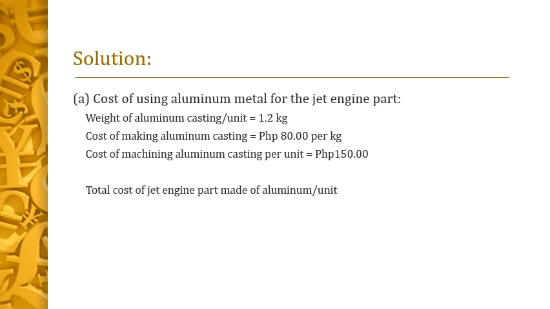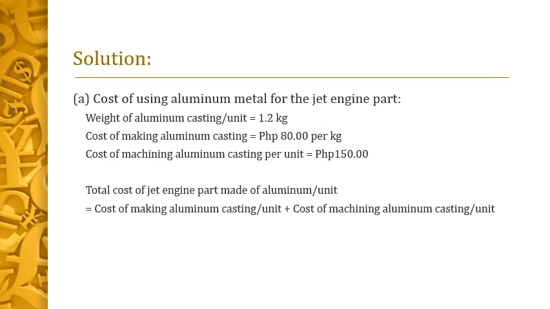Now let's compute the total cost of jet engine part made of aluminum per unit. Note that the solution should be consistent with per unit. This is then equal to cost of making aluminum casting per unit plus cost of machining aluminum casting per unit.